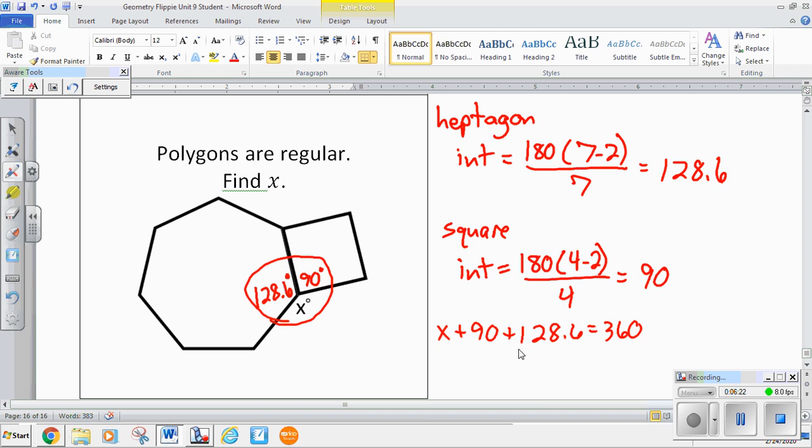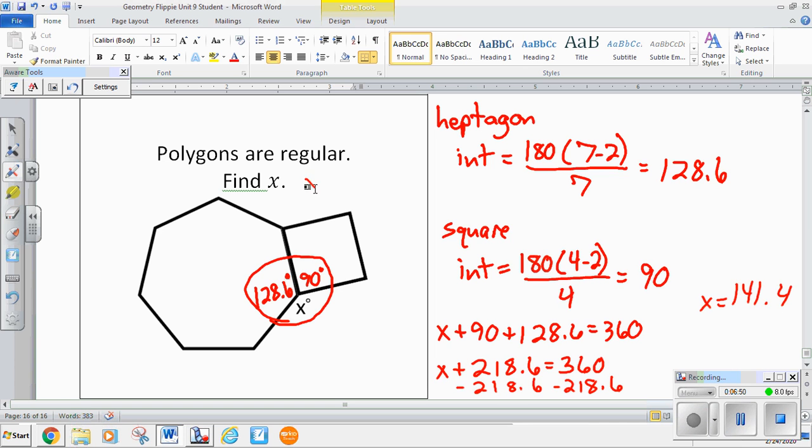I can add 90 and 128.6 and get 218.6. Subtract 218.6 from each side, and x equals 141.4.